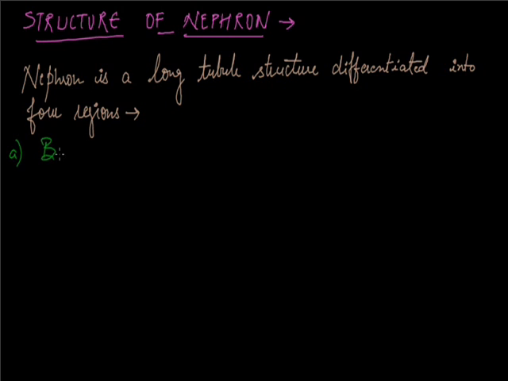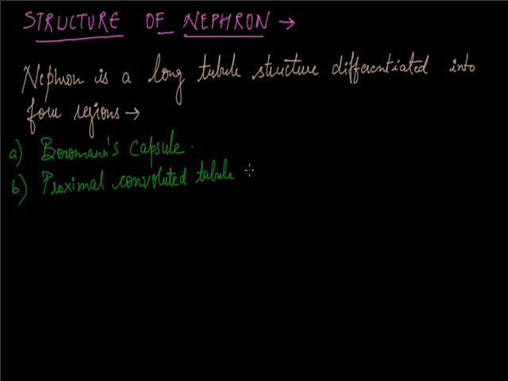First is Bowman capsule, second is proximal convoluted tubule called as PCT.